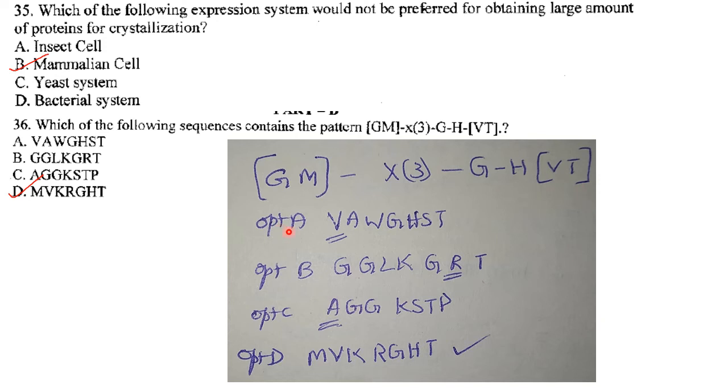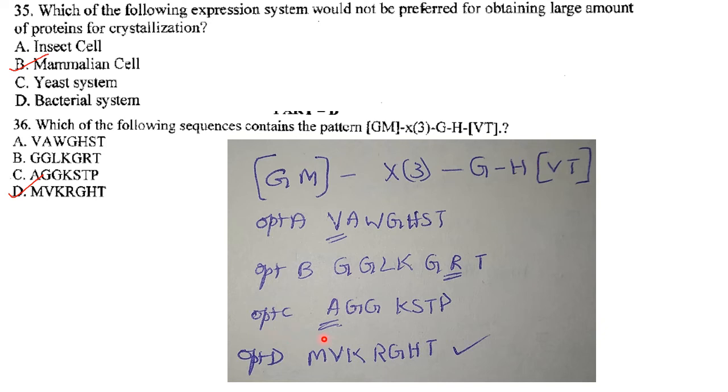So we'll see option A. Option A first should be either G or M, but here it is V. So that itself is not correct. Then option B. First has to be G. Okay, G has come. X can be any amino acid and it can be of three residues. So G, L, K, that is correct. Then you have got G over here. Yes. Then H. H is not present. Instead of that, R is present, which is also not correct.